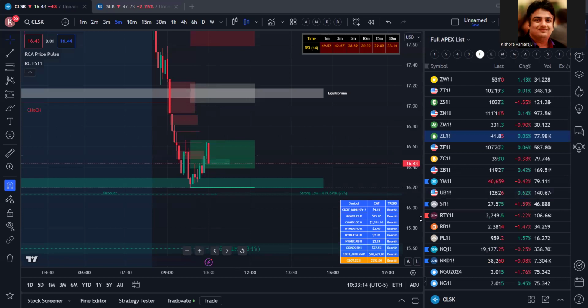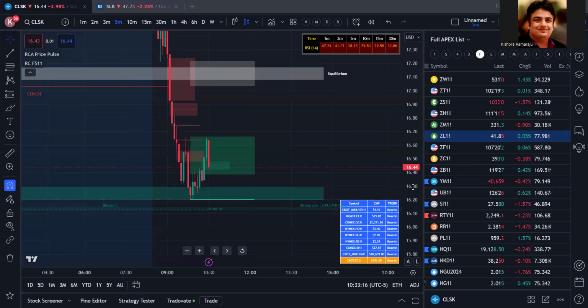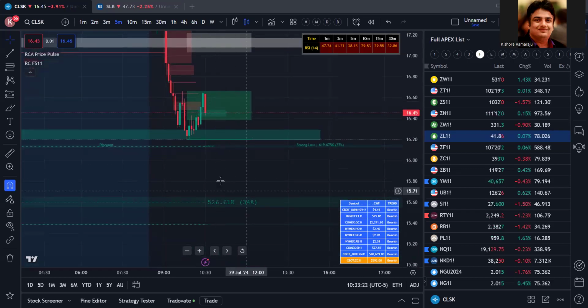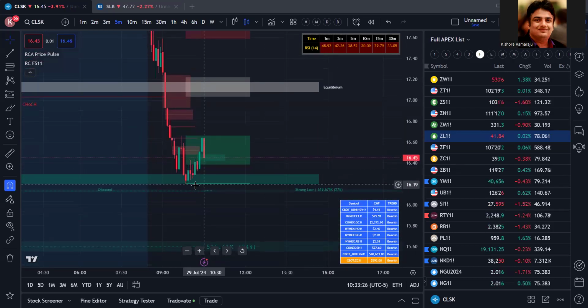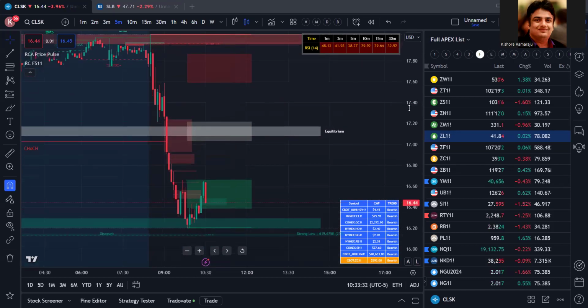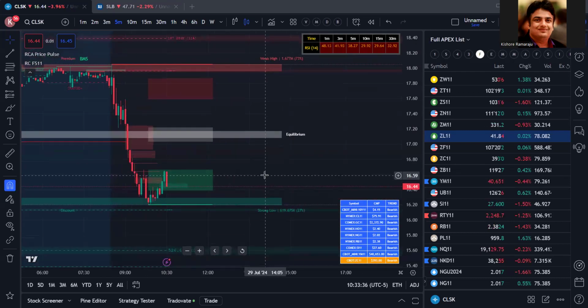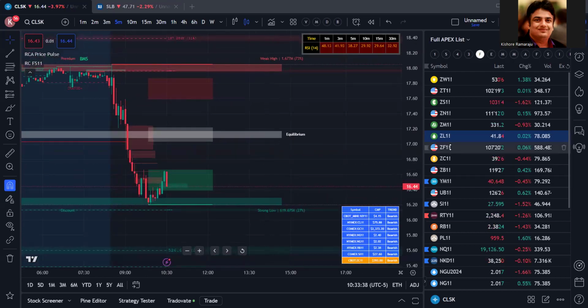So we entered long because we see a huge buy order block at the bottom. There is a 526K. So even if it makes a double bottom, it can go all the way to the top again. So yes, we entered CLSK calls. We are holding them.